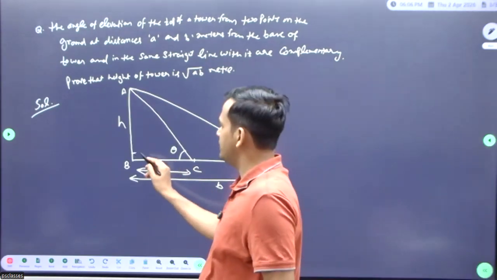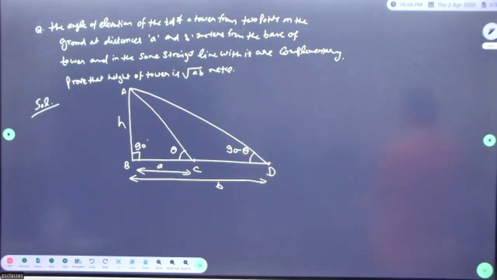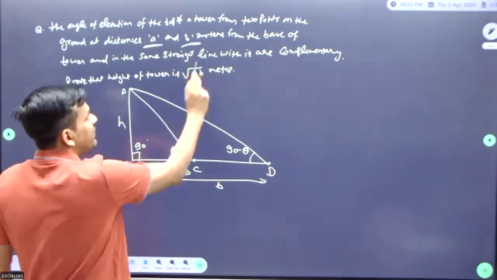This angle is 90 degree. Tower is vertical, so this angle will be 90 degree. Now use triangle ABC and ABD to find the relation between height and A and B. You can take BC is equal to B, then BD will become A. One point is at A meter from the tower and second point is B meter from the tower.